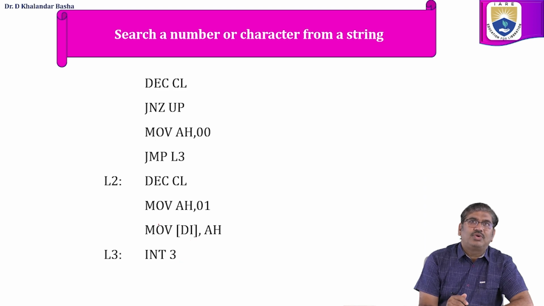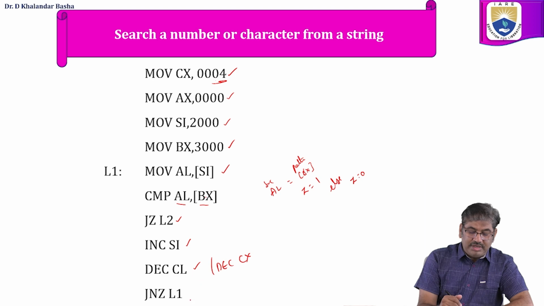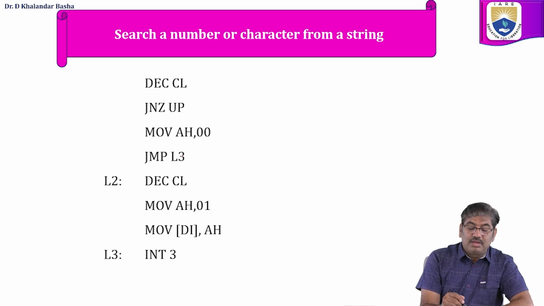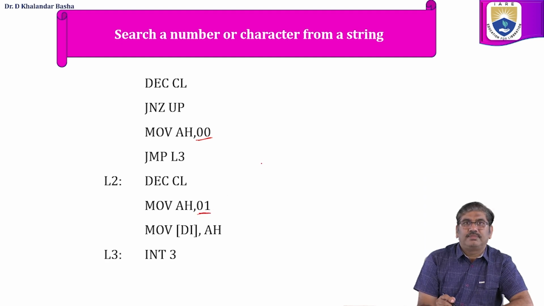So here decrement, JNZ L1, MOV AH, 00 and jump to loop. When the string is not found, 00 will be copied. When the string is found, 01 will be copied into the AH register.